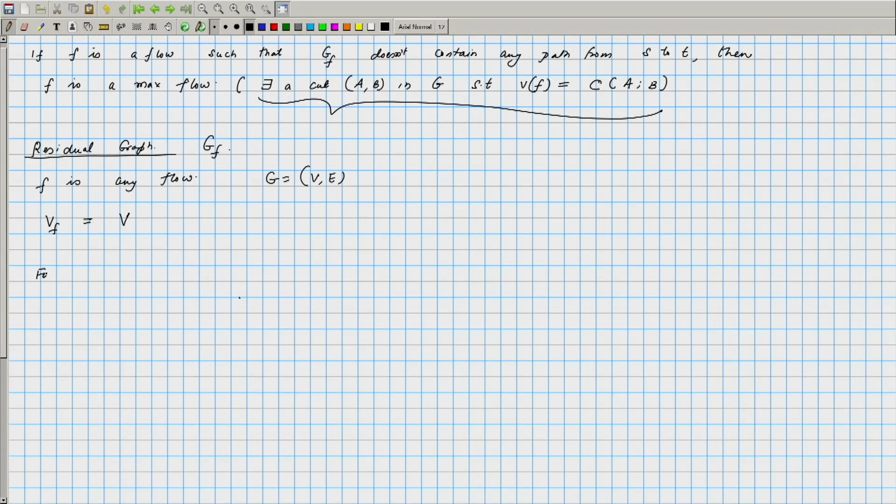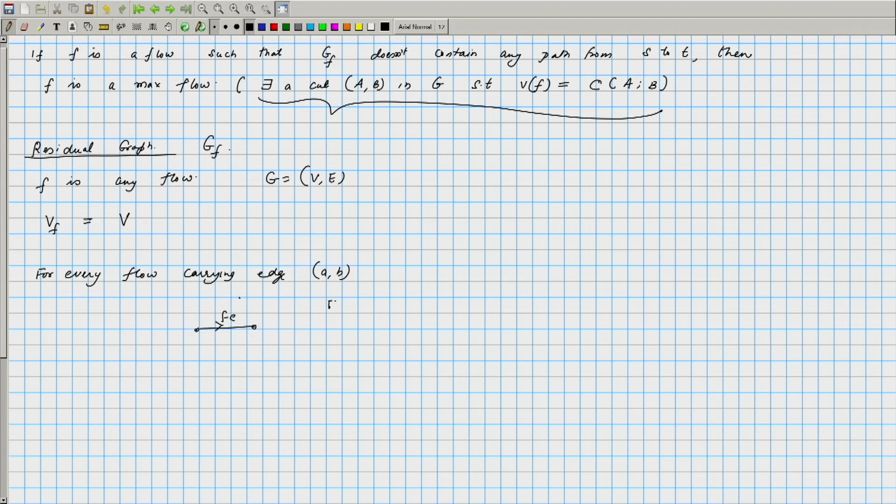So, for every flow carrying edge A comma B, if it carries a flow Fe, then we will have two edges.